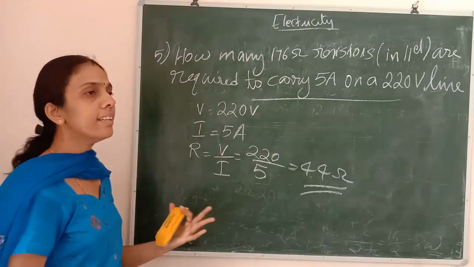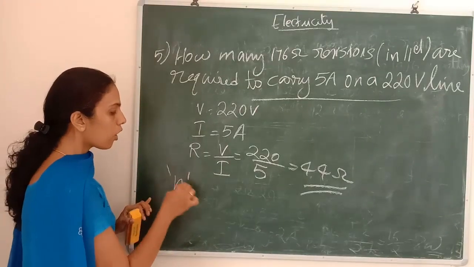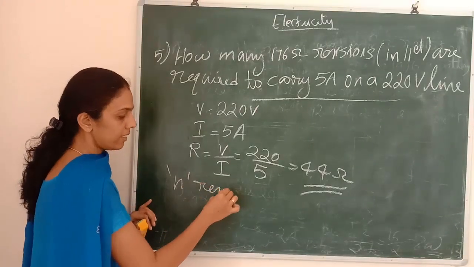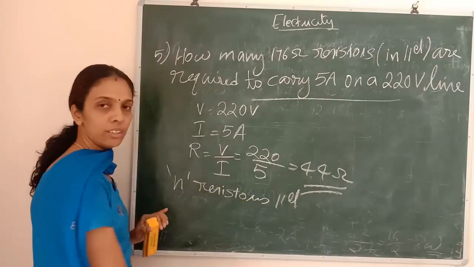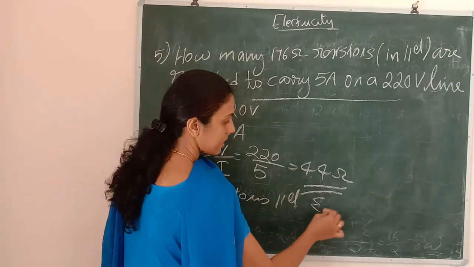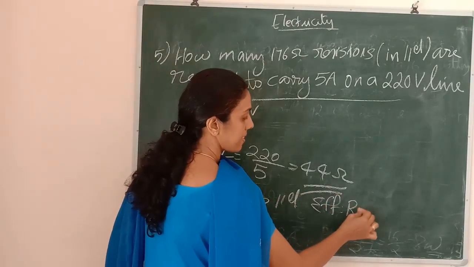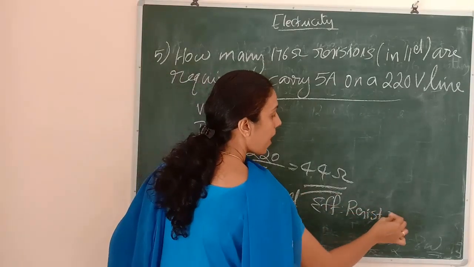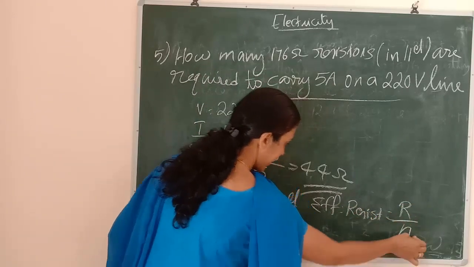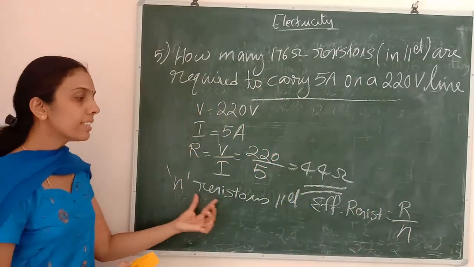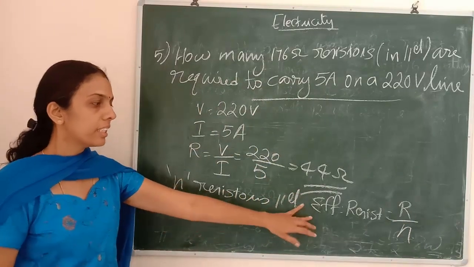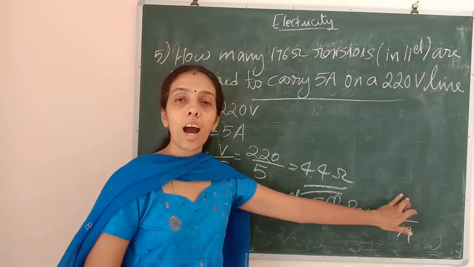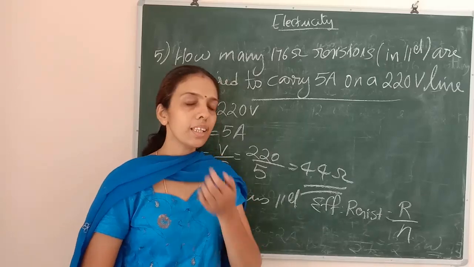See, if N resistors are in parallel connection, each having a resistance of R, then the effective resistance will be R by N. This is the formula.